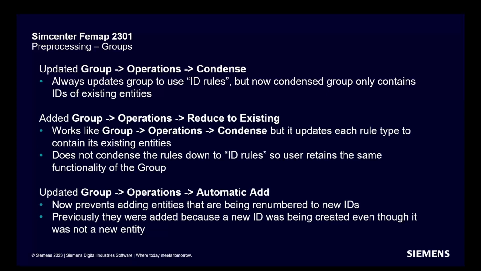Previously, if you renumbered an entity, there were situations where it would see the renumbered entity and think it was new and then add it to the group. And here at SDA, we've had situations where we've been super confused because some random entity ended up in a group, which you never added. It's not new, but you had renumbered it.